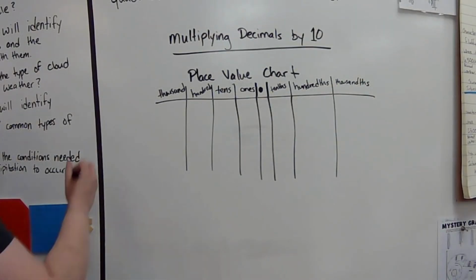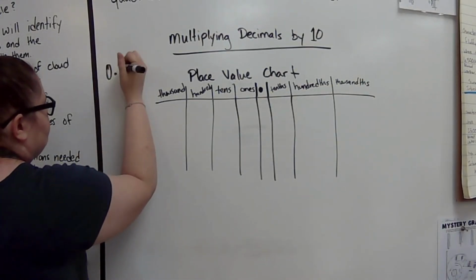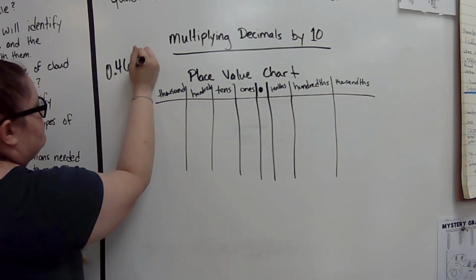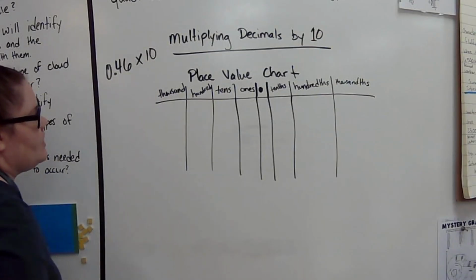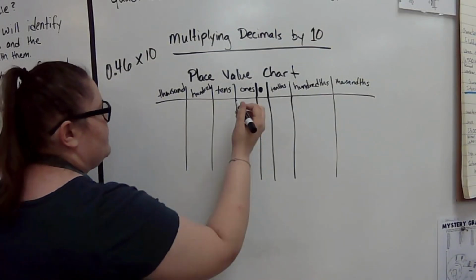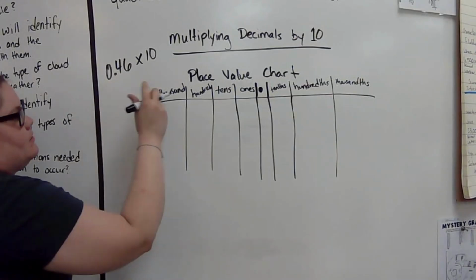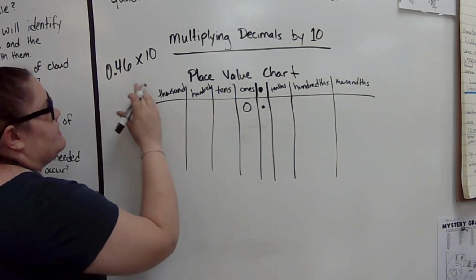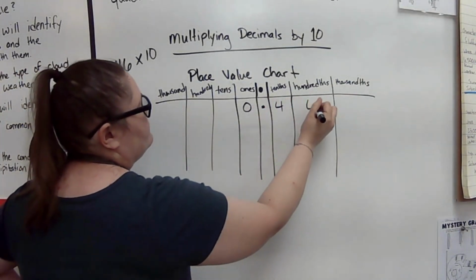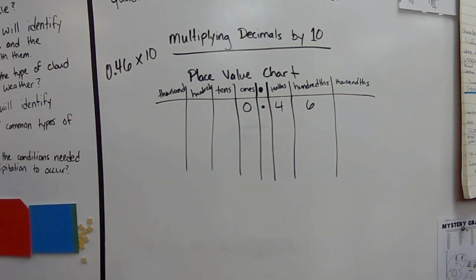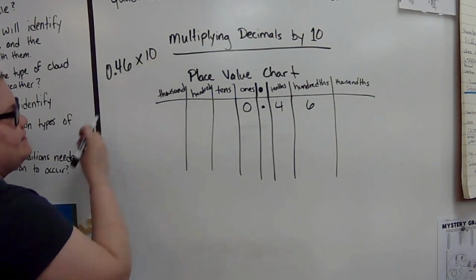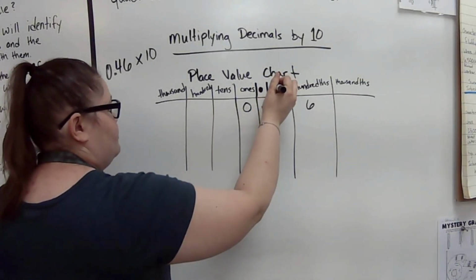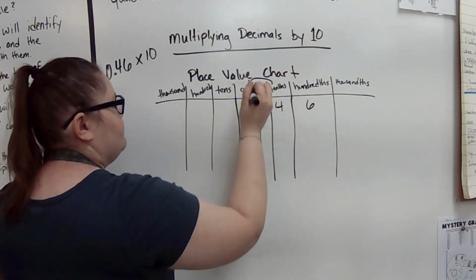Let's try another one. This time I have 46 hundredths times 10. I'm going to put it into my place value chart. This time I don't have any ones, so I'm going to put 0, my decimal, and my 46. So I have 4 tenths and 6 hundredths. I'm multiplying by 10, so I'm increasing the value by one place value.